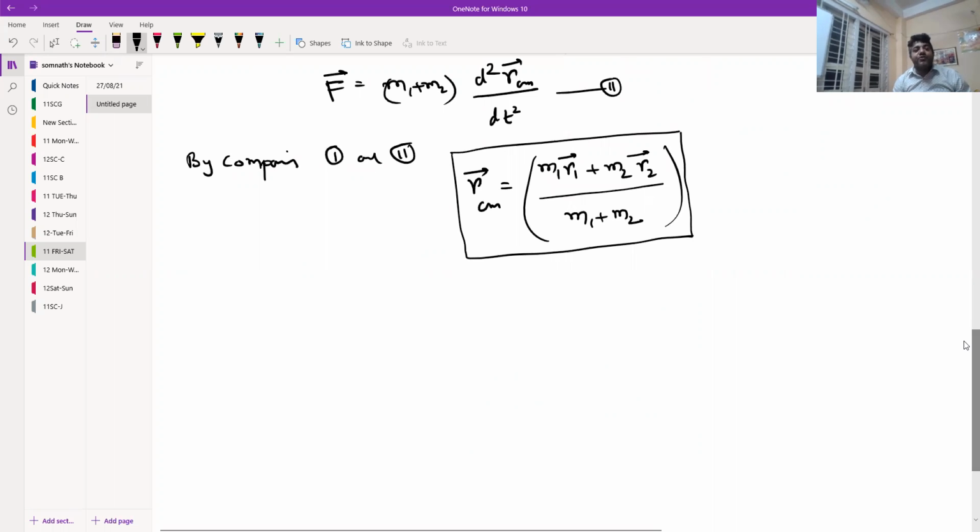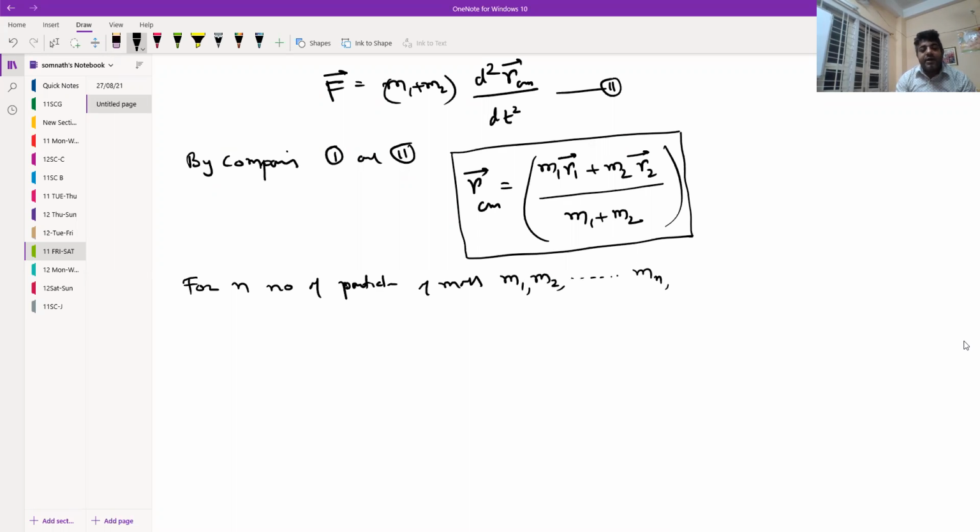Now we are going to write it in the general form, for n number of particles of mass m1, m2, dot dot dot mn, at positions R1, R2, dot dot dot Rn. They are all vectors, because we know position is a position vector.